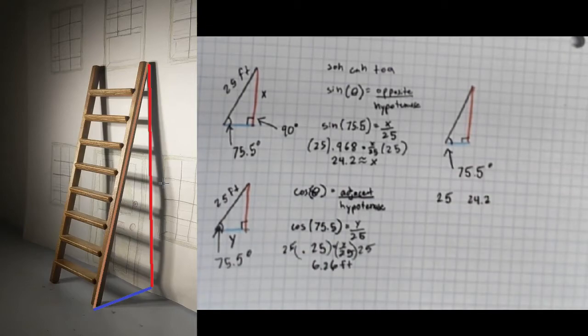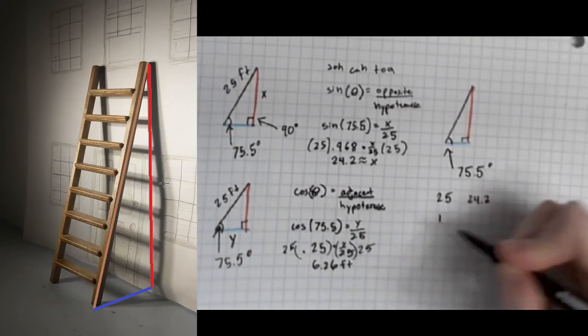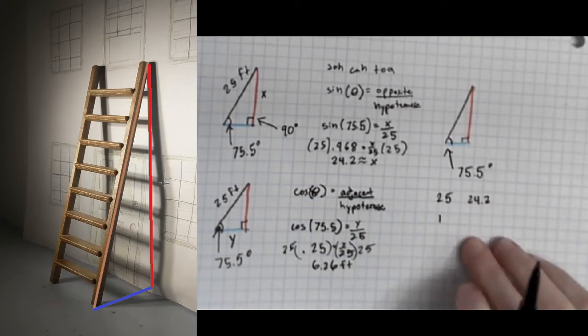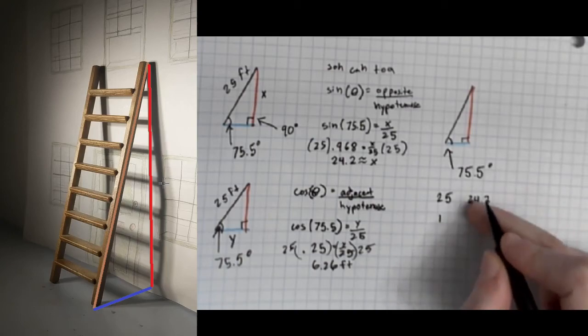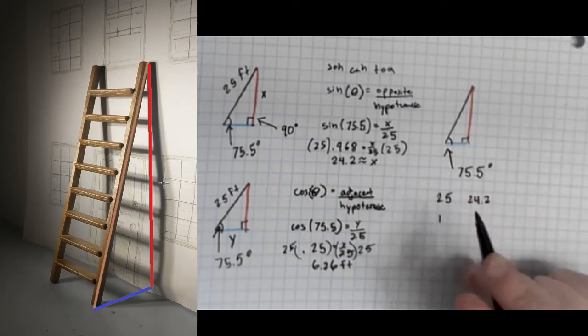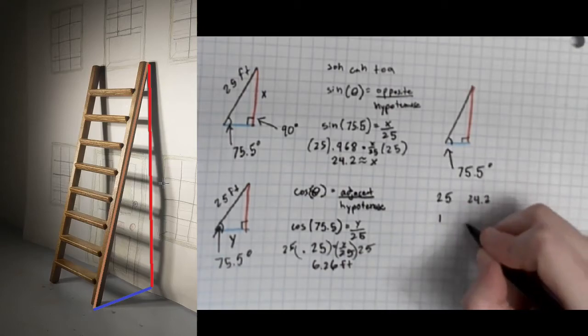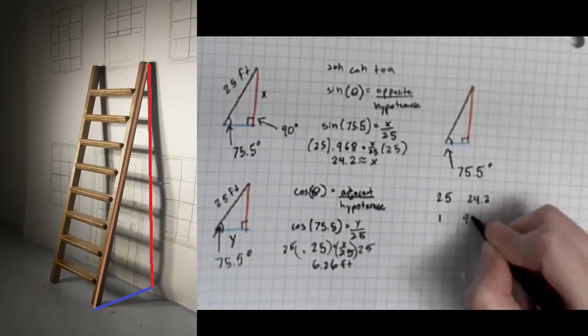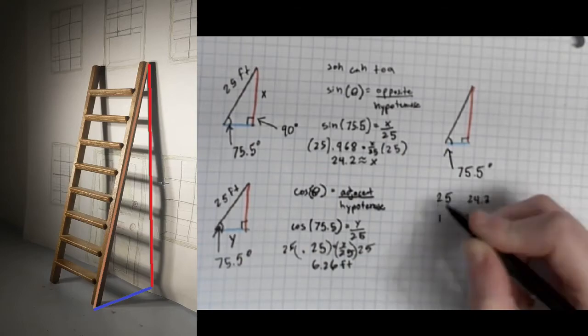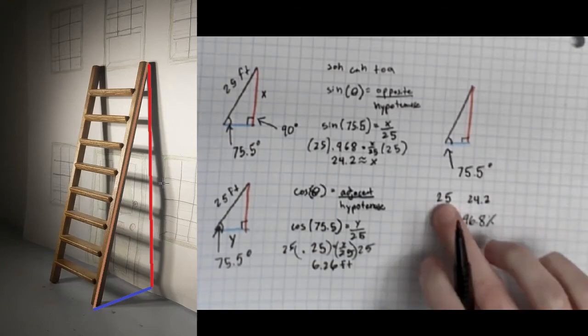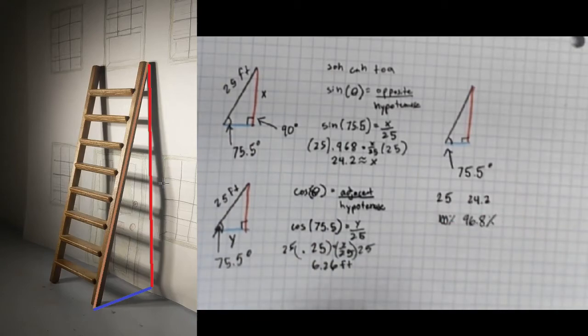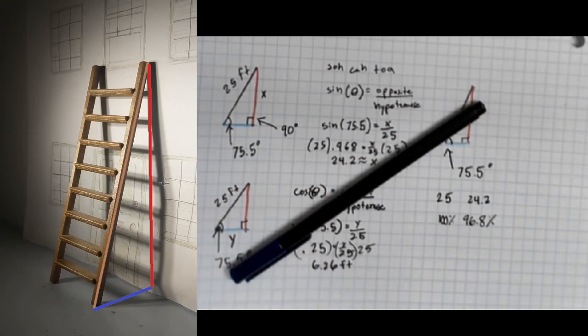And if we make the ladder 1, we can find that the height from the second-story window to the ground should be about 96.8% of the height of the ladder. But that doesn't really make sense because your house doesn't change, but the ladders do.